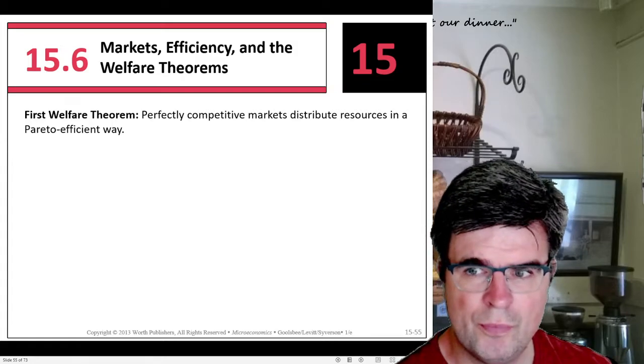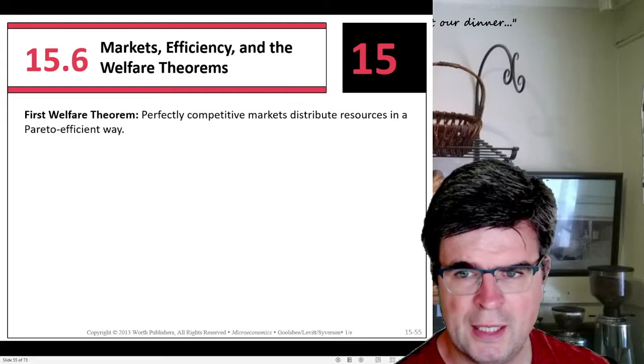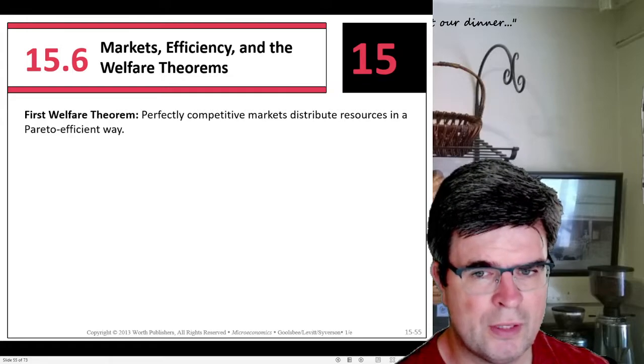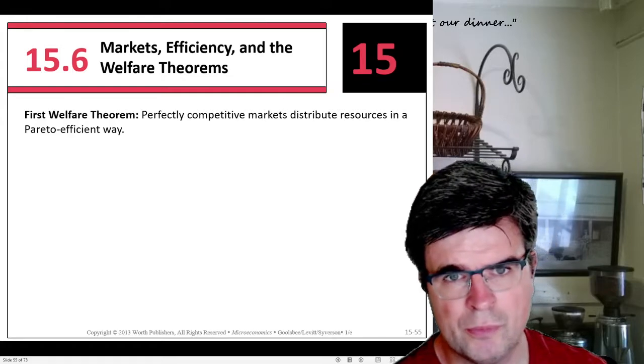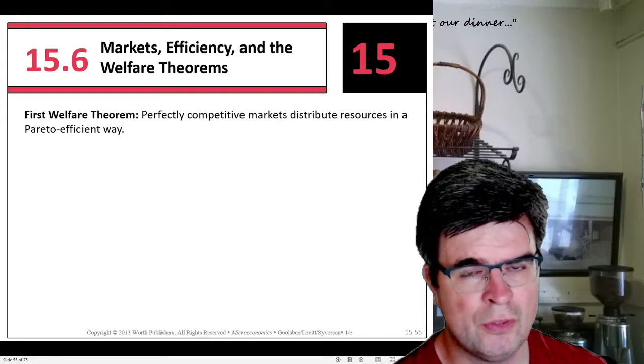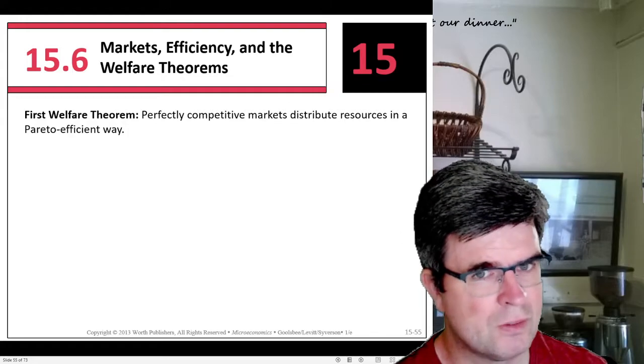So what does the first welfare theorem say? It says that perfectly competitive markets distribute resources in a Pareto efficient way. Sounds great.